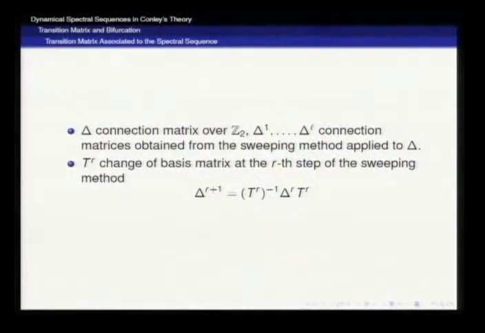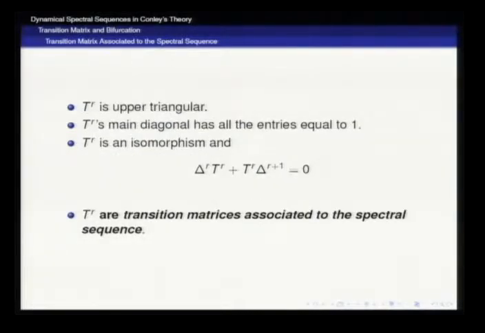So we'll talk about the connections here. These are the family of matrices we obtained from the sweeping method. Here are the change of bases at each stage. And these are called, actually in Conley's theory, transition matrices. And where we're getting at is that these transition matrices really give us the points where the system can undergo a bifurcation.